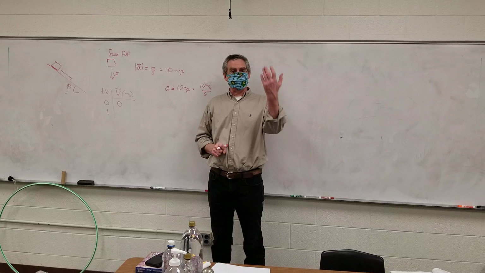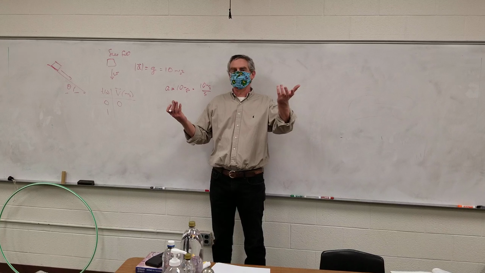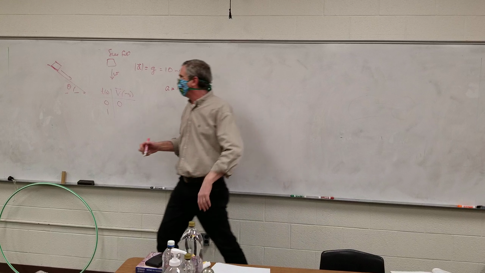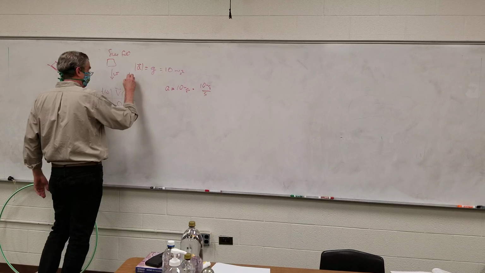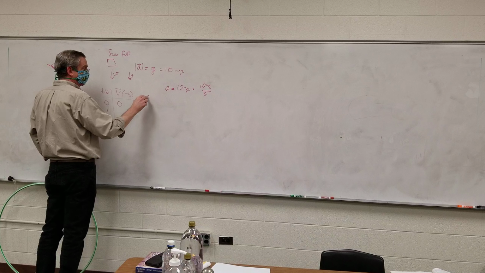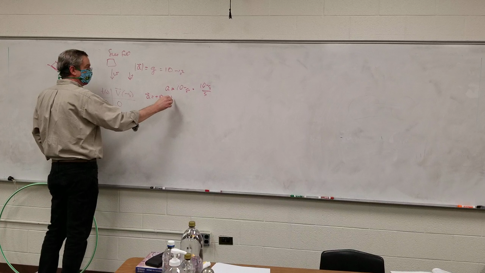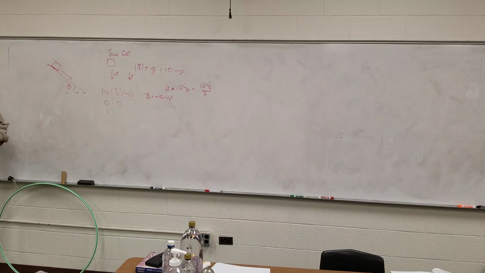So positive direction up or positive direction down? Positive down. Okay? So if we make positive down, my acceleration vector is positive 10 meters per second squared, because in free fall, acceleration is downwards.